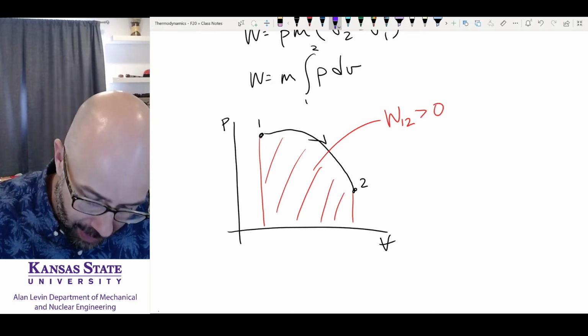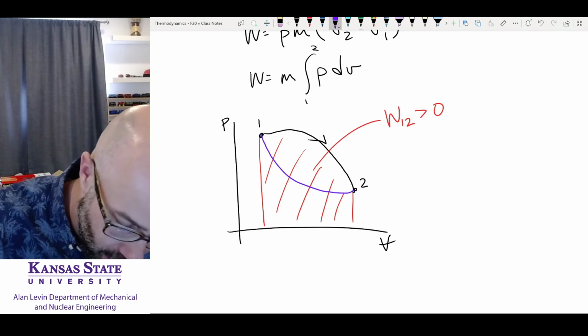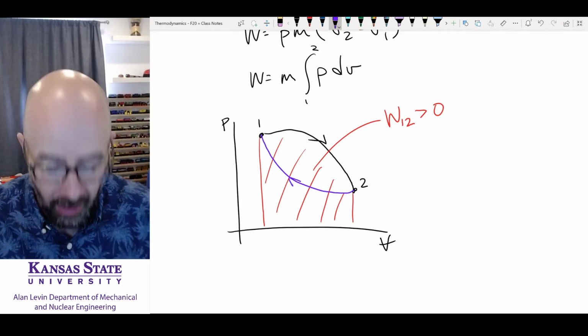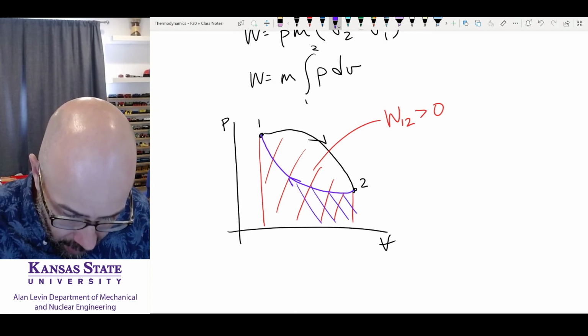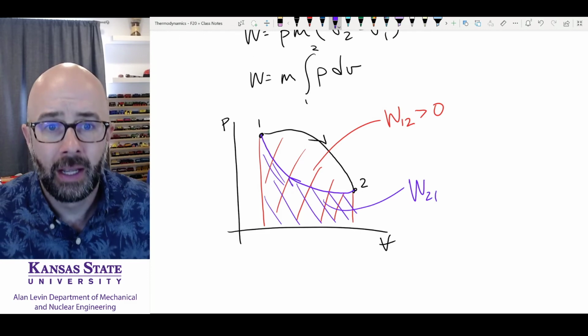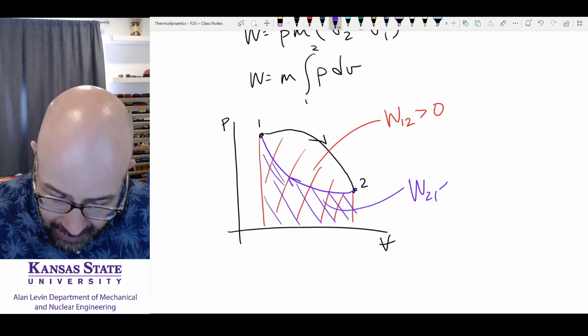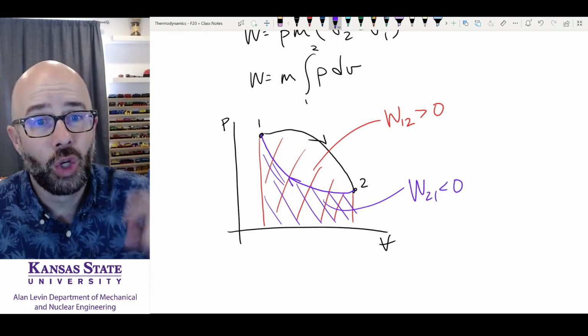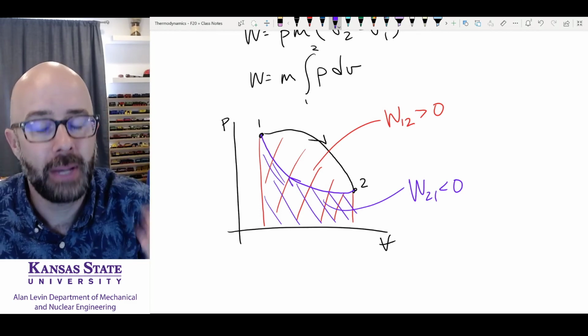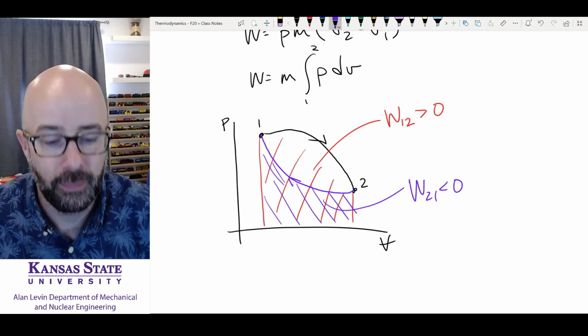Now let's say we go back from 2 to 1. We're not going to go the same path, we're going to go back this direction. Work is the area under the curve. This work 2 to 1, we're compressing it, so it's going to be less than 0. Direction sensitive tells you about the sign. Path dependent tells you about the magnitude.